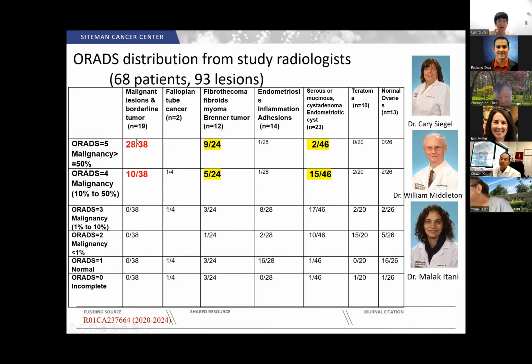So they're reasonably accurate in identifying the cancers when they're large, and the size is reasonably read from the transvaginal ultrasound.